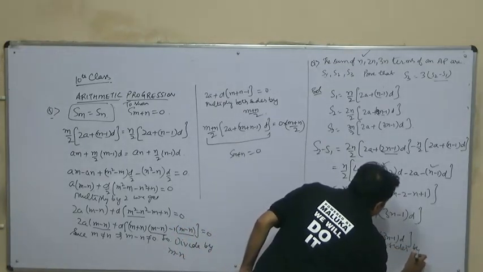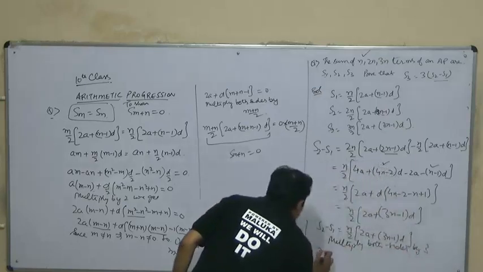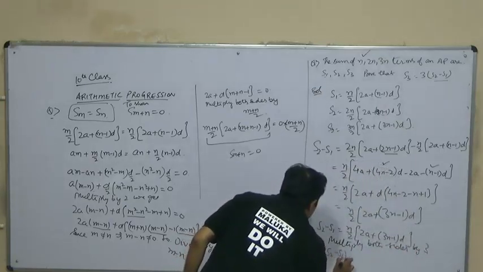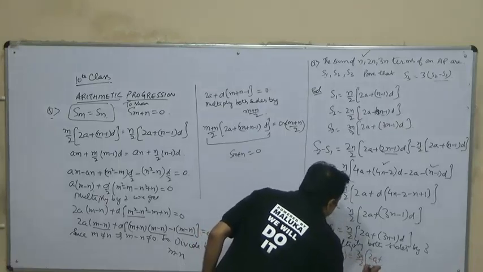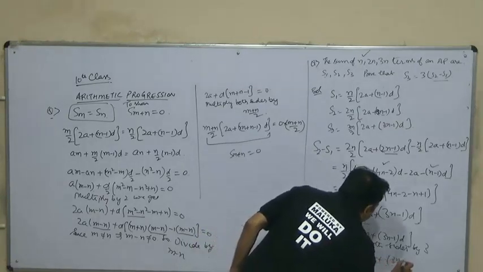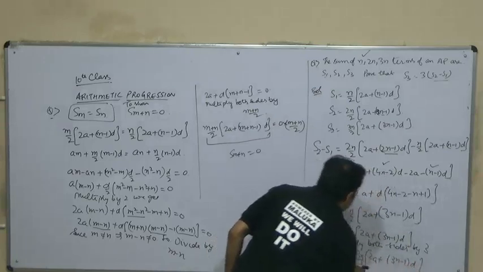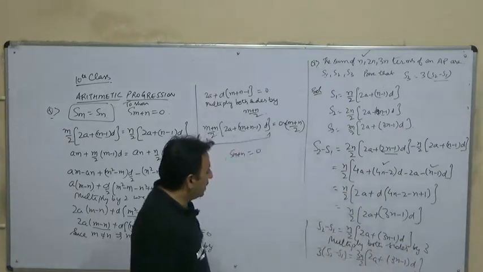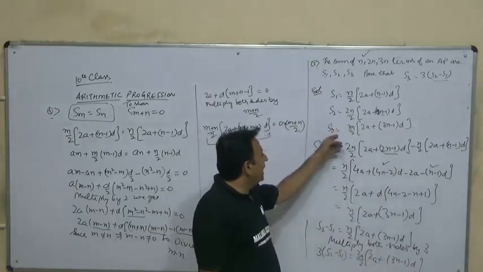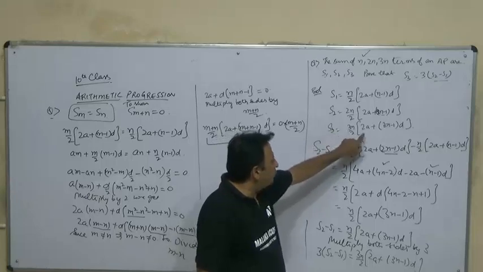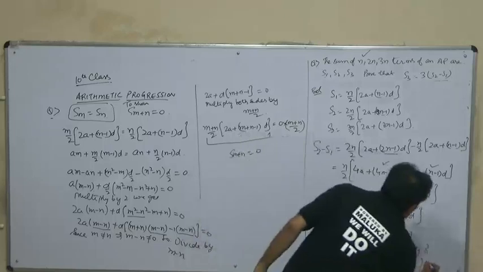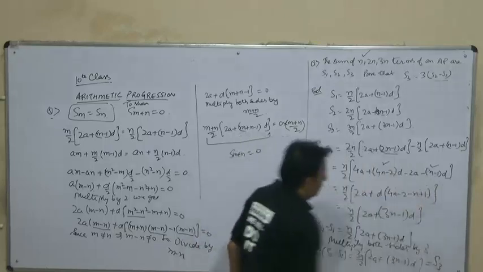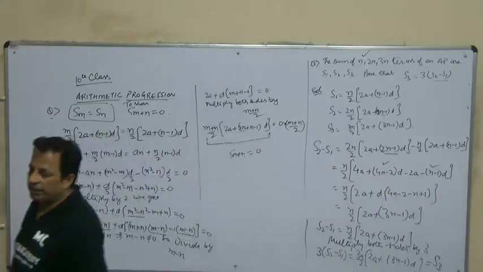We get 3 into (S2 minus S1) equals 3n by 2, and the bracket is the same, (2A plus (3n minus 1) into D). And what is this? We can check that this is equal to S3. S3 is 3n by 2, (2A plus (3n minus 1) into D). So this we can write equal to S3. So this will be your required result.